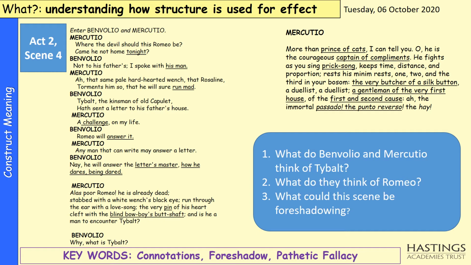What that means is it's music sung very accurately. So he fights very well, is what Mercutio is trying to say. He fights like perfection, and that might be quite dangerous for Romeo in the end.